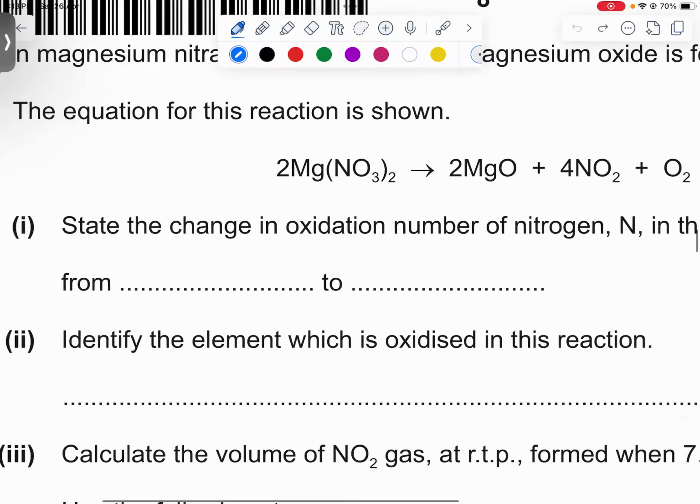So nitrogen plus 3 times -2 is equal to -1. So nitrogen minus 6 is equal to -1, because 3 times -2 is -6. So nitrogen is -1 plus 6, which will make nitrogen plus 5. So initially, nitrogen has a charge of plus 5, okay?